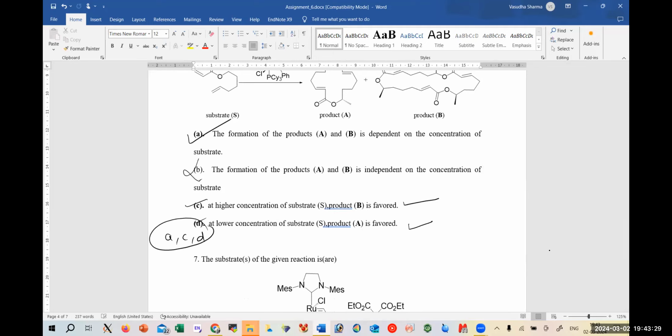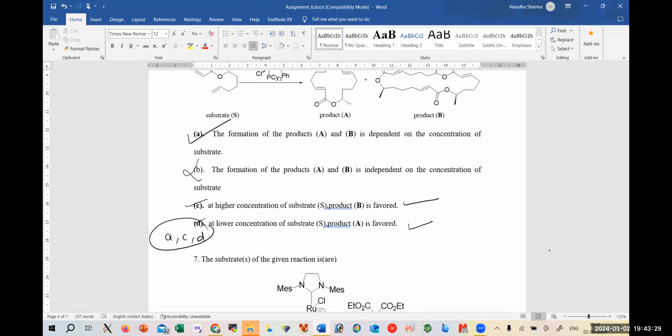Now we have the seventh question as the substrate of the given reaction. So here, if you'll see again, this is a metal carbene, and we are having a closed ring, cyclic, with an ethylene molecule out.